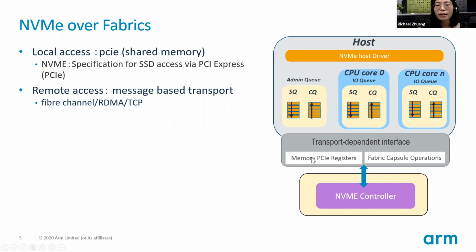For local access, NVMe maps the commands and responses to shared memory in the host over the PCIe interface protocol, while NVMe over Fabrics uses a message-based model for communication between a host and a target storage device. And currently, we have NVMe-over-RDMA, over TCP, and over Fibre Channel.